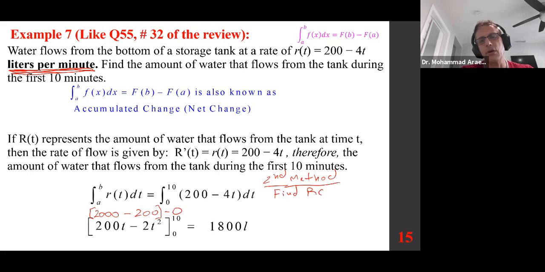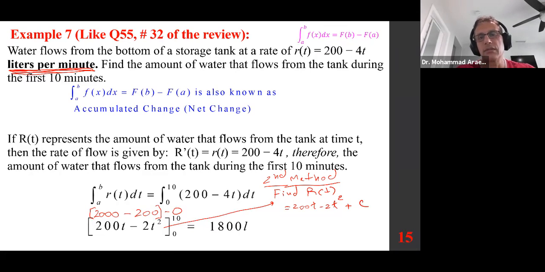Find capital R of t, which practically we have it here, and a constant. From here, it's 200t minus 2t squared plus a constant, with the initial amount at 0.